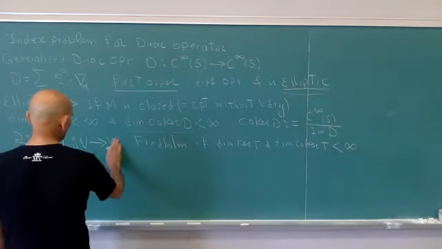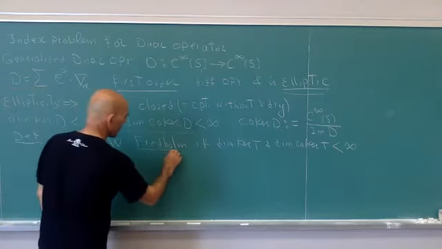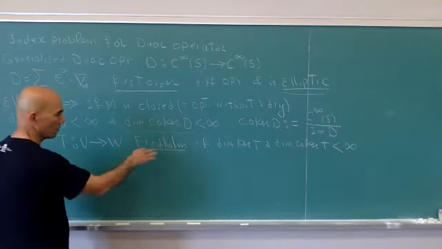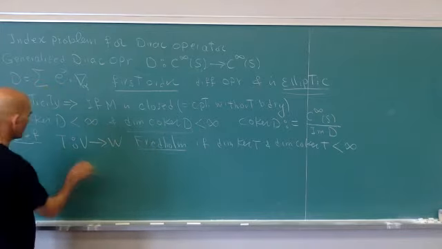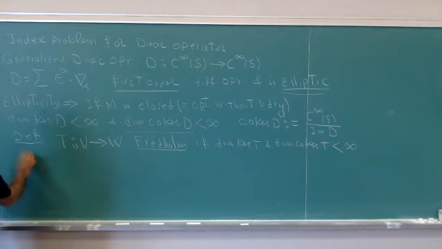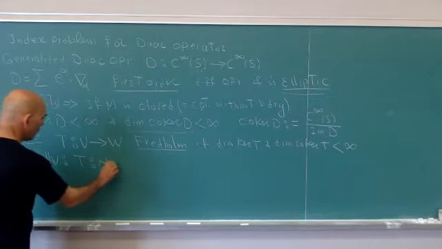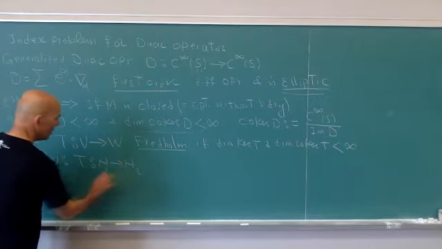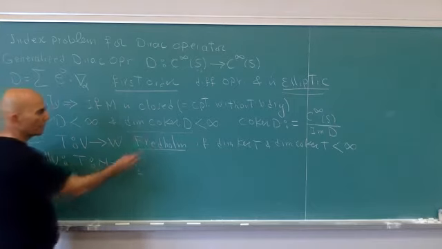Now, I should give you a warning that usually Fredholm is discussed in more analytic, more functional analytic situations. Usually T goes from H1 to H2, two Hilbert spaces, and is bounded. And then we talk about Fredholm.